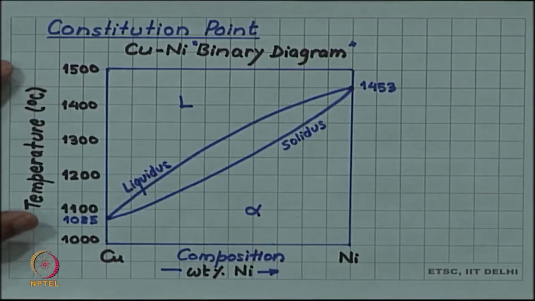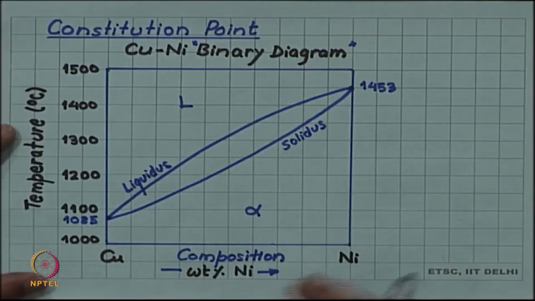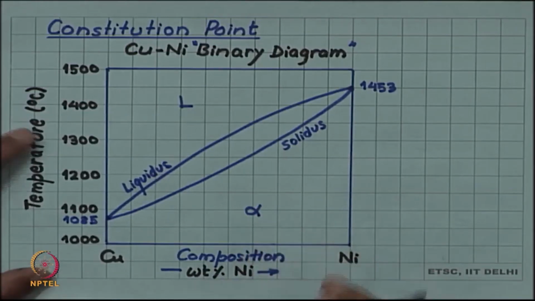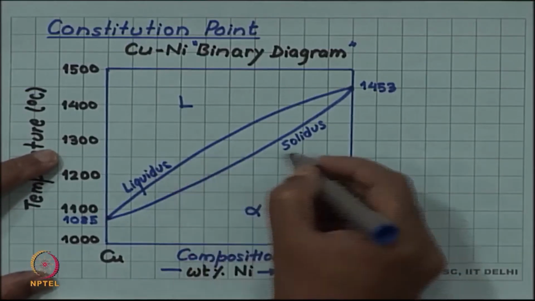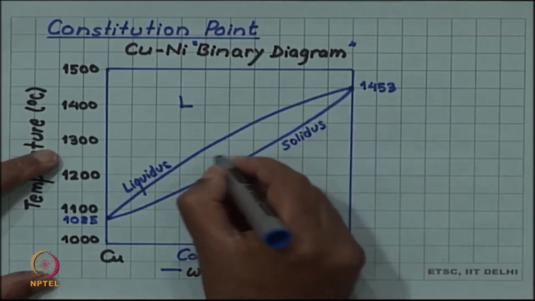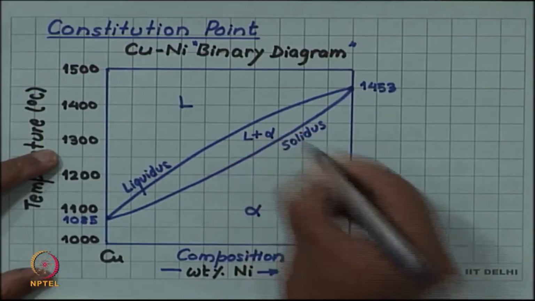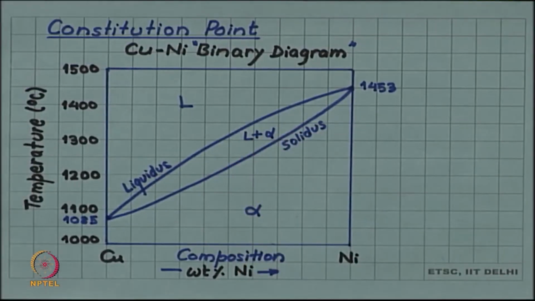And we have established this convention, and this is quite common, that the solid phases we will represent by Greek letters. So, I have written alpha for this particular solid phase, and in between the two boundaries we have a two phase region, liquid plus alpha. So, we have seen this in the last discussion.